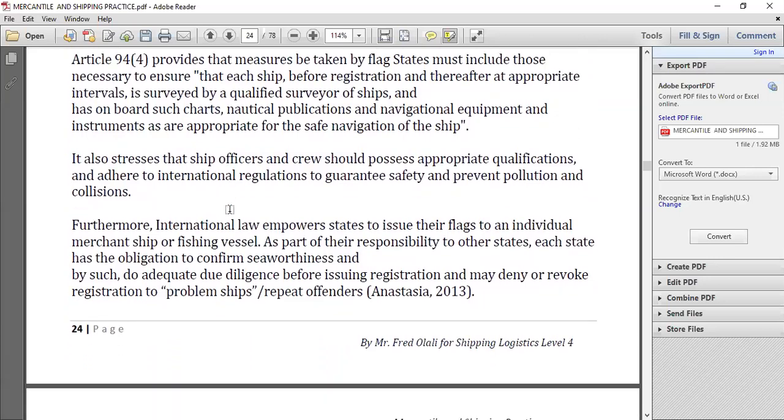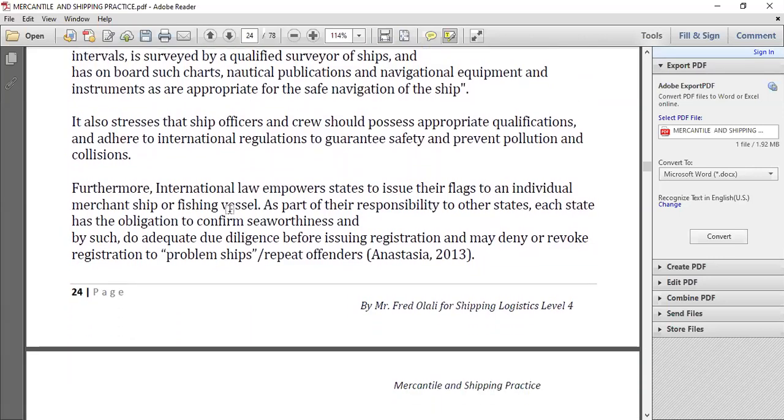Furthermore, international law empowers states to issue their flags to an individual merchant ship or fishing vessel. As part of their responsibility to other states, each state has the obligation to confirm seaworthiness, so do adequate due diligence before issuing registration, and may deny or revoke registration to problem ships or repeat offenders.